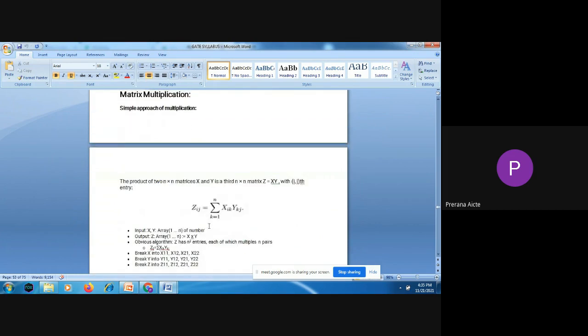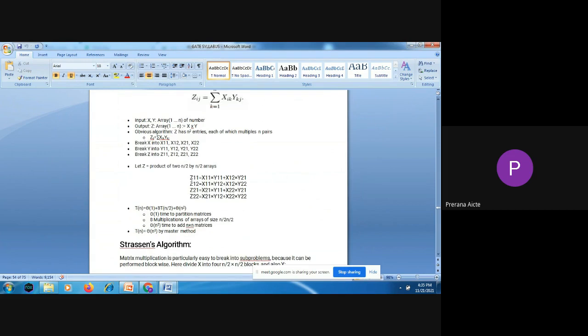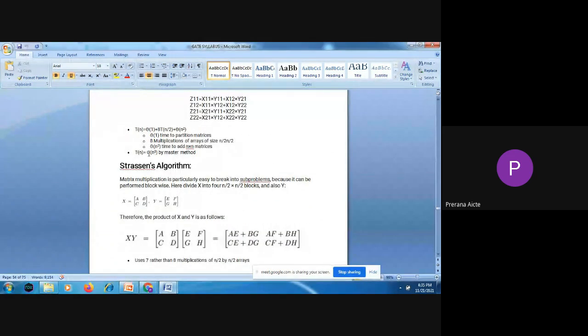And this is the application matrix multiplication which comes under divide and conquer strategy. So if we follow normal matrix multiplication, we are going to have n cube. Okay, as the equation is 8 into t of n by 2 plus n square.